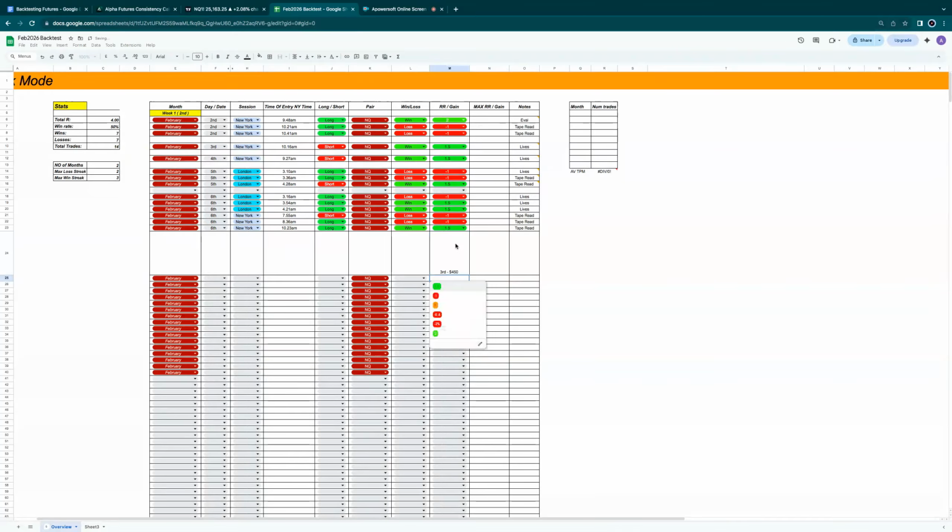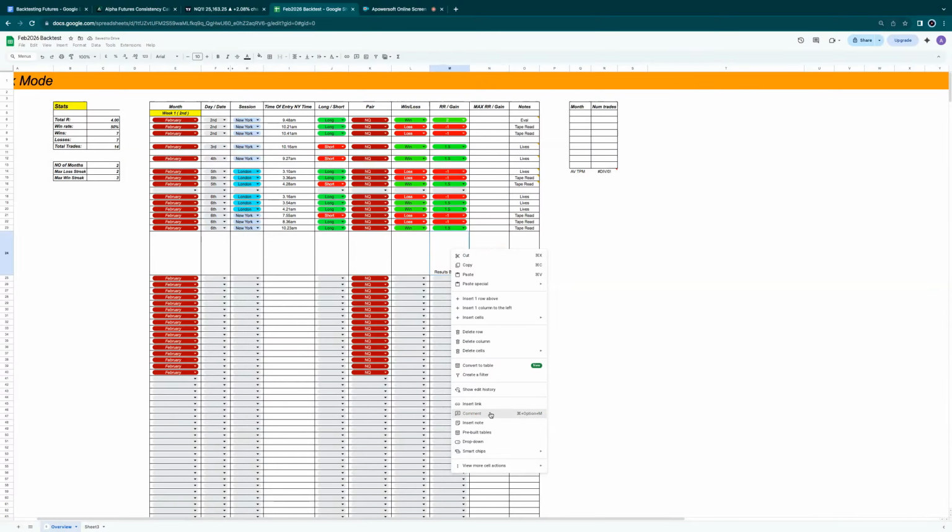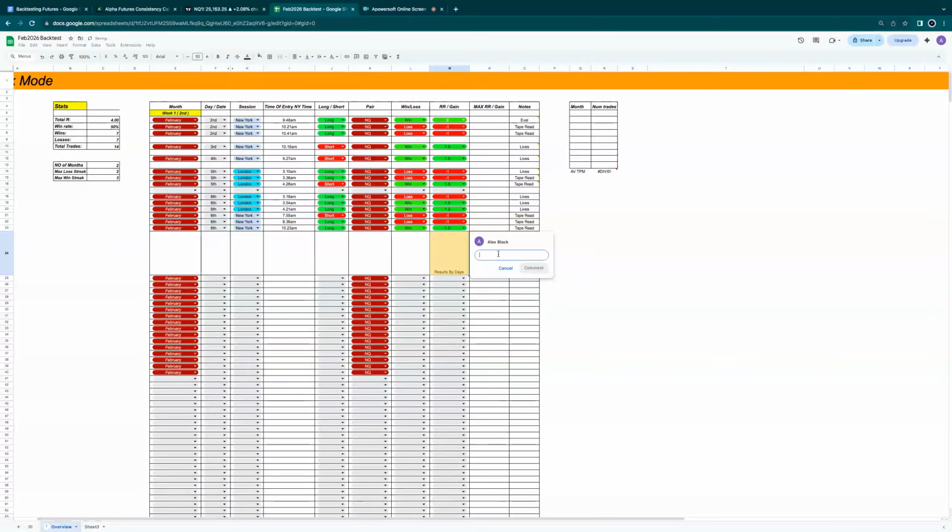Oh, that's annoying. What we have to do is do it like that. Right, so results by date. So the 3rd, we got 450. Then on the 4th, we got 450.